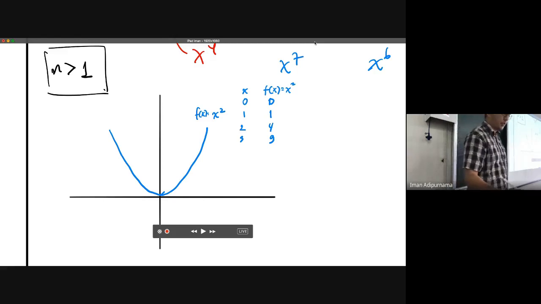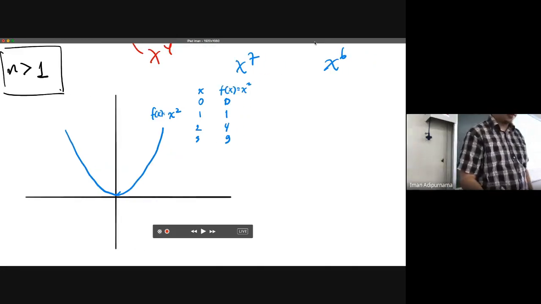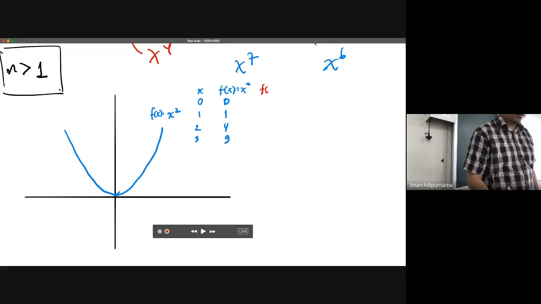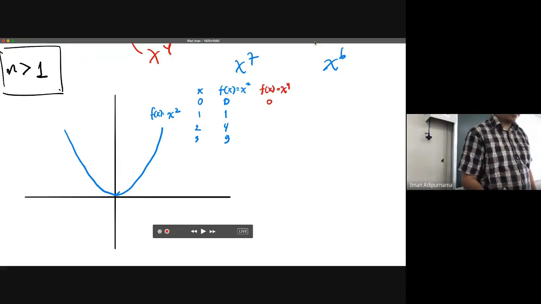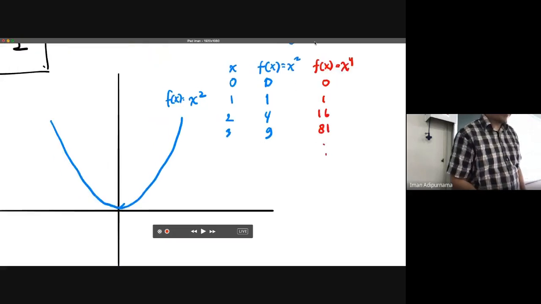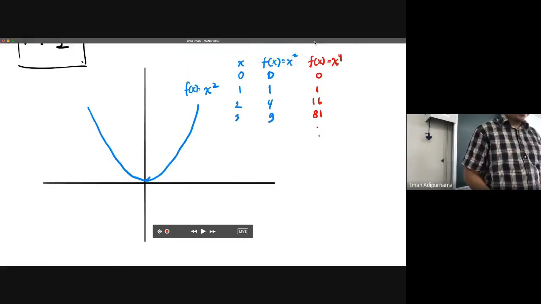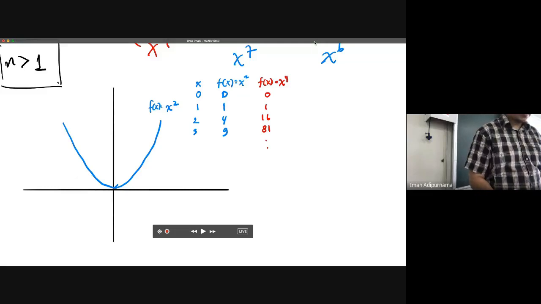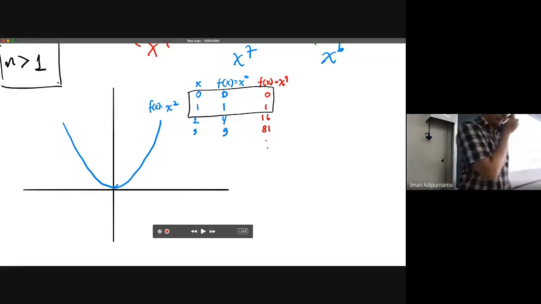And what will happen if we change the function to x to the 4th? This is 0, so 1, okay? And then how about 2? It's 16, right? 3, it's 81, and so on and so forth. If you see here, 0 and 1 are still in the same exact position, right?